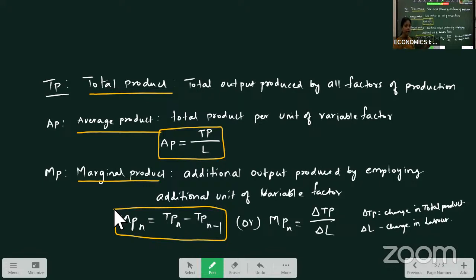Suppose a farmer has 10 acres of land. In 10 acres of land, how much output is increased by increasing the variable factor? So what is the variable factor here? Labor is a variable factor. Now, this law can be explained with the help of a table and a graph. Now see the table over here.